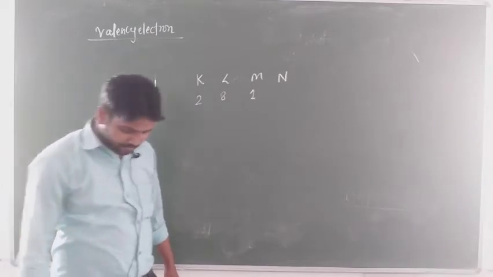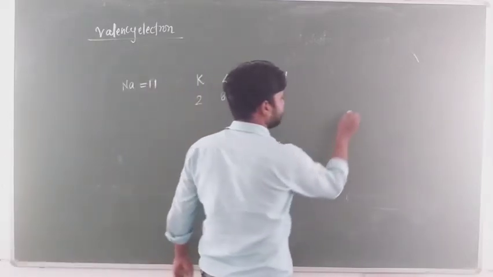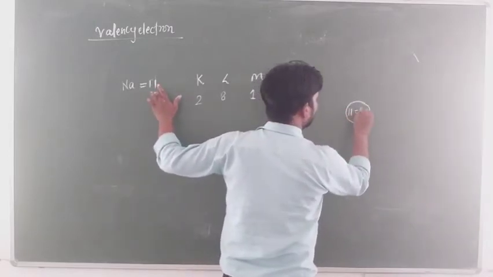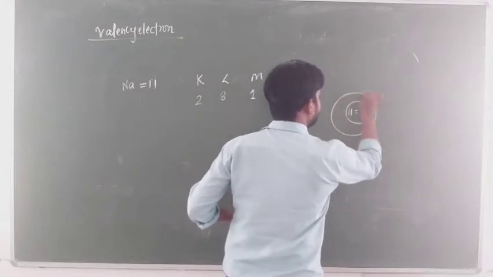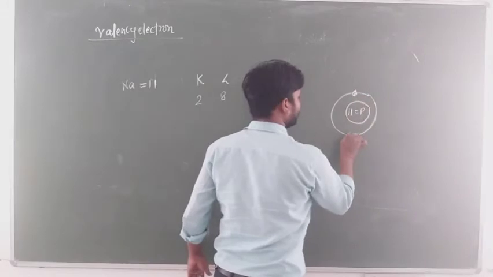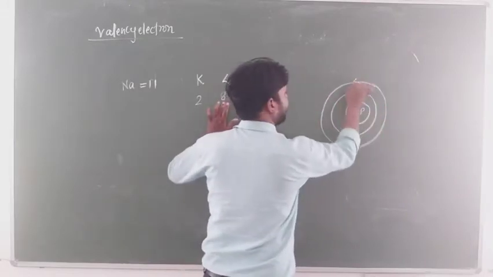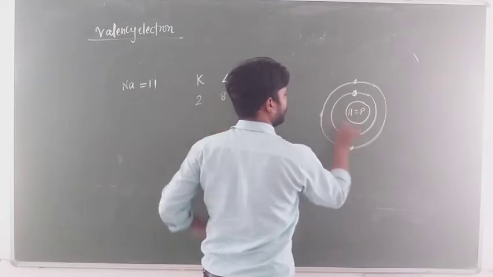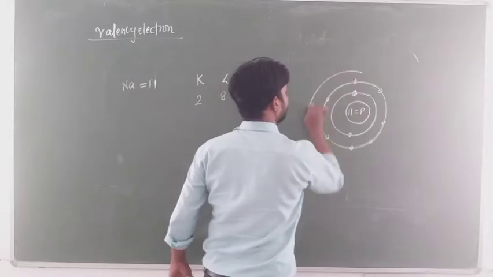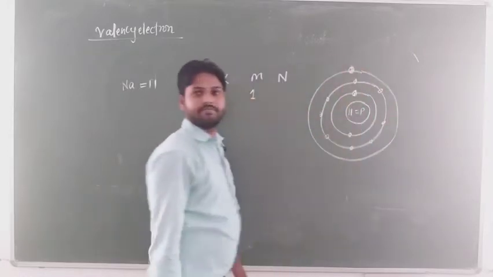Clear students? Now if we draw the structure, 11 electrons is equal to 11 protons. So the K cell contains 2 electrons, 1, 2. The second has 8 electrons, 1, 2, 3, 4, 5, 6, 7, 8. Now the third has 1 electron.